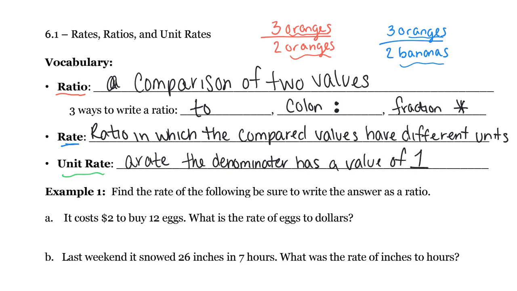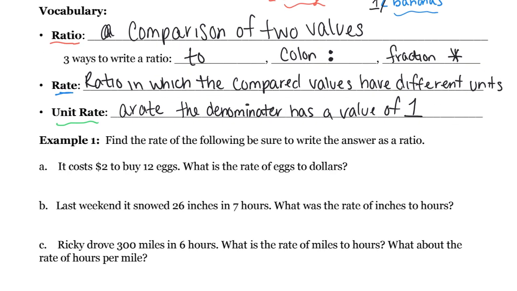So instead of 3 oranges to 2 bananas, it'd be like 3 oranges to 1 banana. That would be a unit rate. All right, so let's go over some examples. The definitions matter, but they won't make sense until we start talking about things.